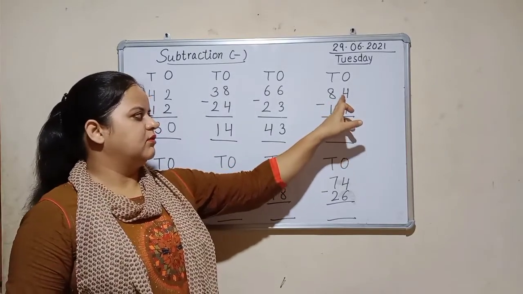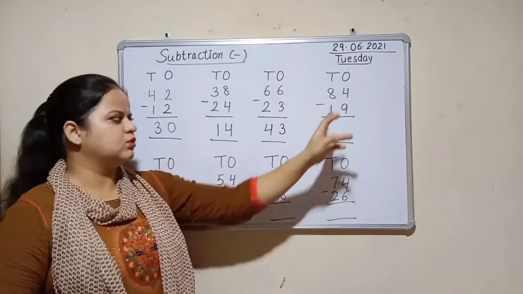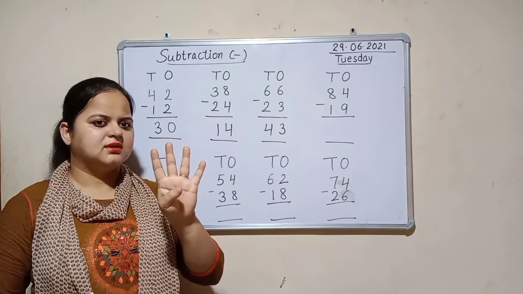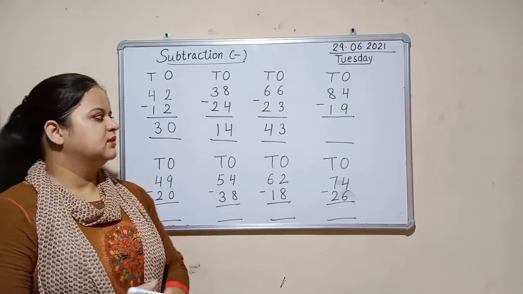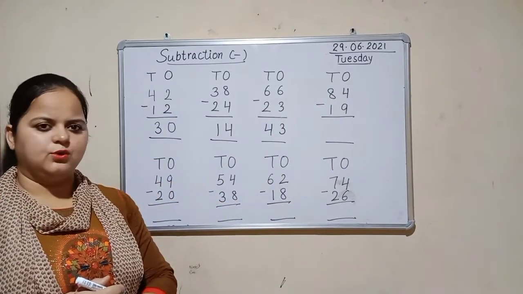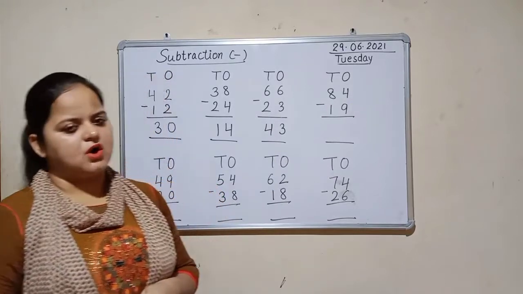Okay, 84 minus 19. See here, 4. So we will open 4 fingers and we have to close 9 fingers from this 4. Can we do? 4 में से 9 हम कट कर सकते हैं? No, because 4 is smaller than 9. So how we will do?